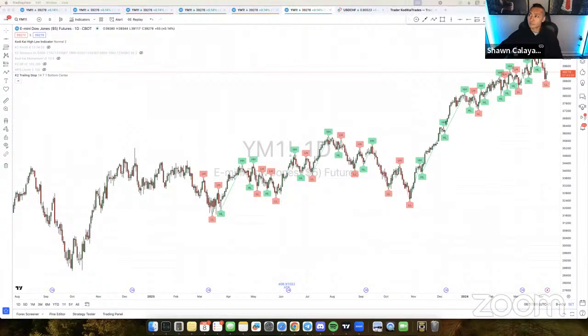So I'm going to go ahead and set this room real quick, and we'll get started shortly with our analysis for today. It's got a couple things here to update. And we should be good to go.